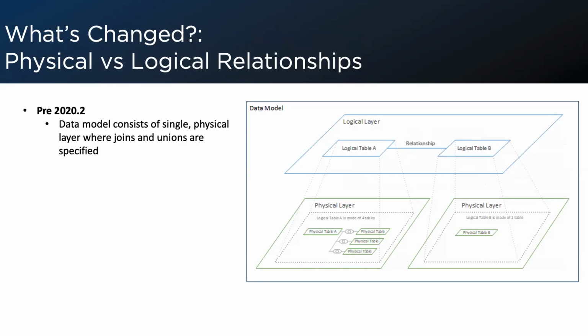Pre-2020.2, the data models consisted of a single physical layer where joins and unions are specified, right? That is the normalized flat data set that results from a joined relationship. Okay, so those of you that are creating 1, 2, 3, 4, 5 joins in the data modeling screen right there, Tableau is creating that all as just a flat result.